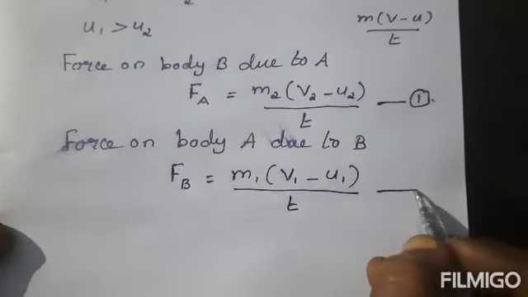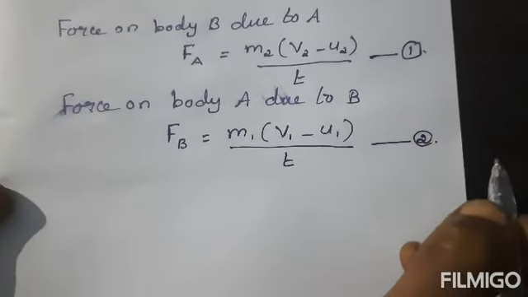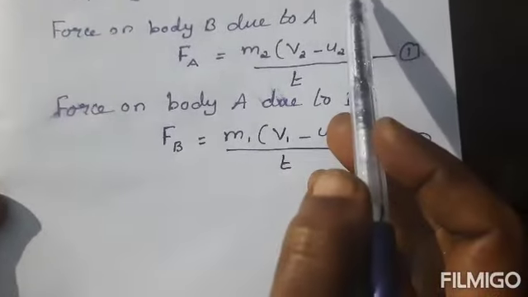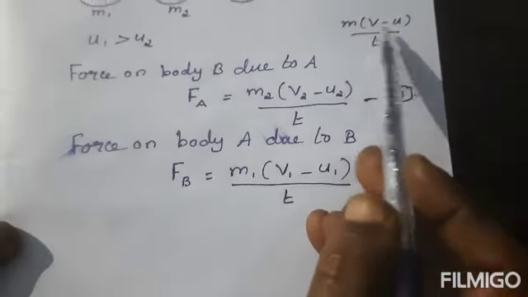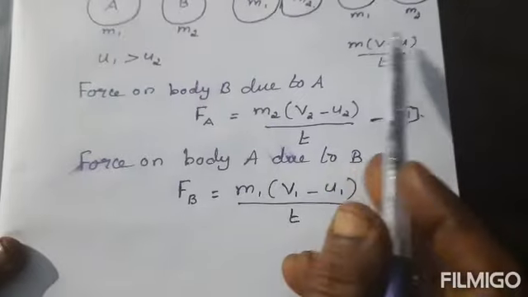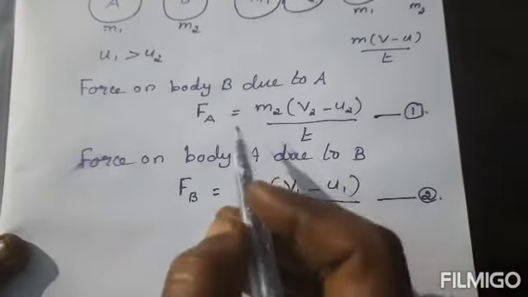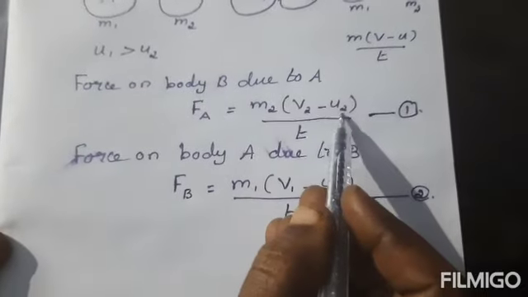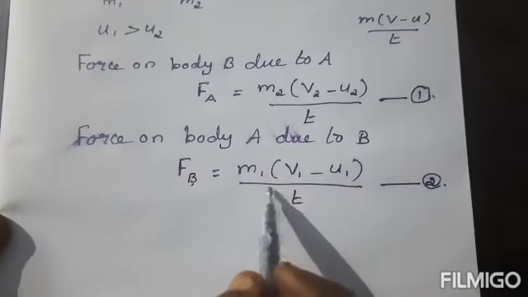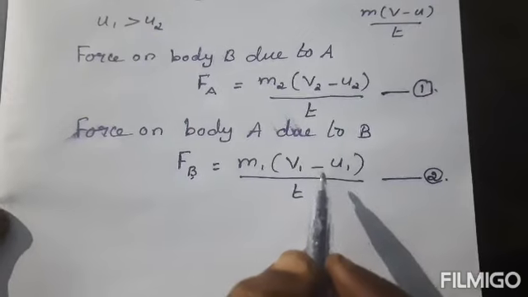We can take this as equation number 2. According to Newton's second law, the formula m into (v minus u) by t is the rate of change of momentum. Where it is A, everywhere it is 2, and where it is B, everywhere it is 1. Keep that in mind.